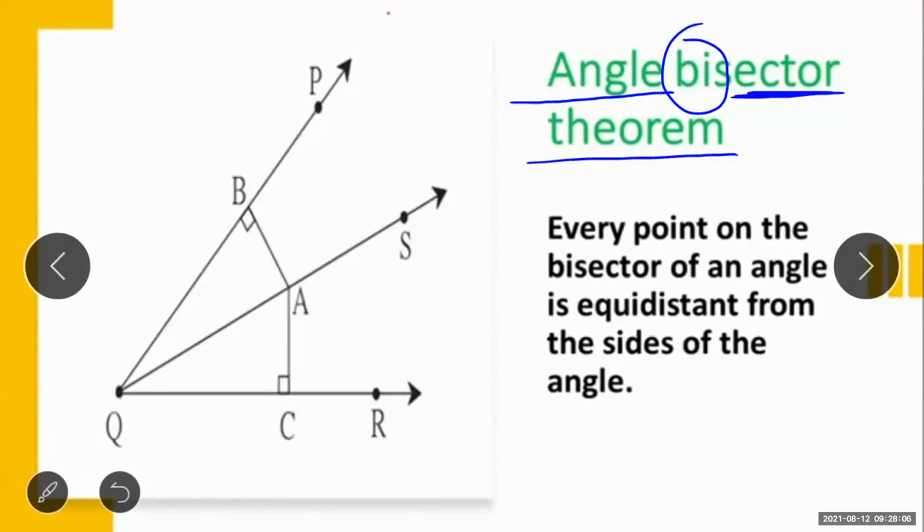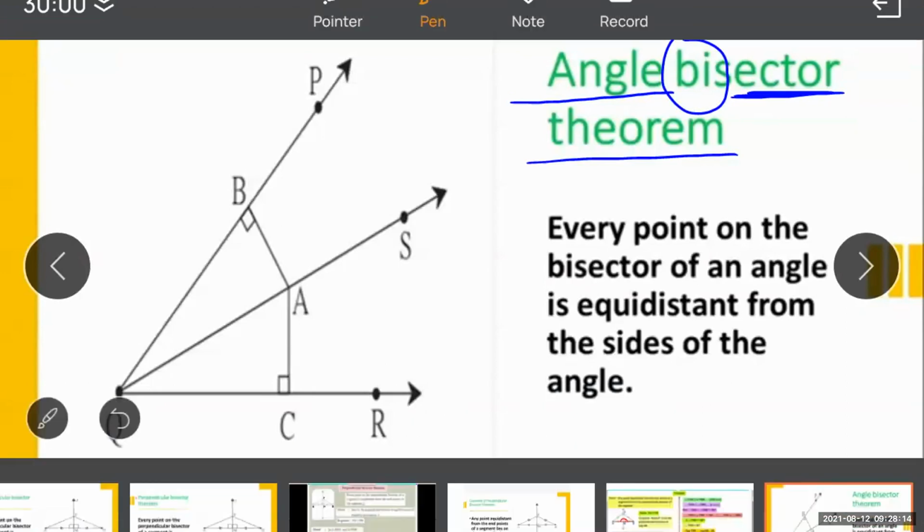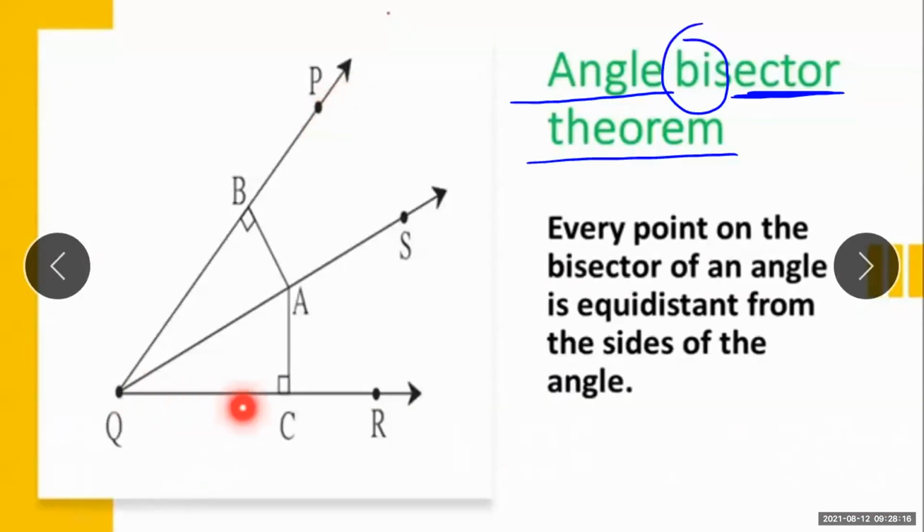Now in this diagram, you can see angle PQR. This is the angle.